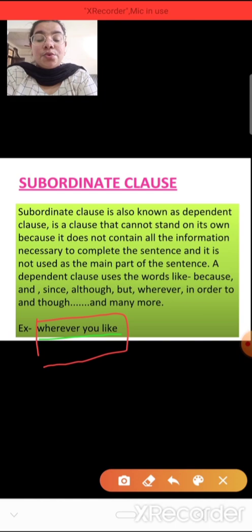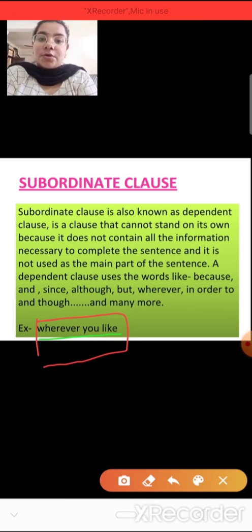So to complete a proper meaningful sentence, a subordinate clause will always have a conjunction in it. Conjunction means connector, which connects two sentences. We all know that a clause is complete in itself. It does not need any other group of words to complete it.